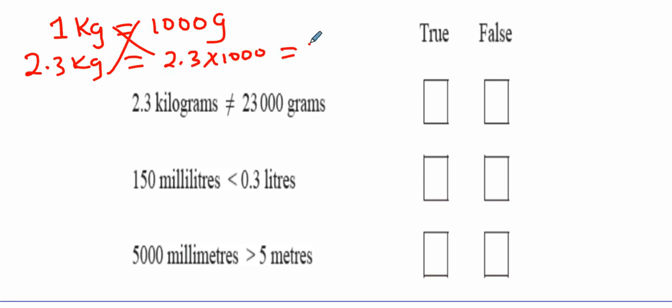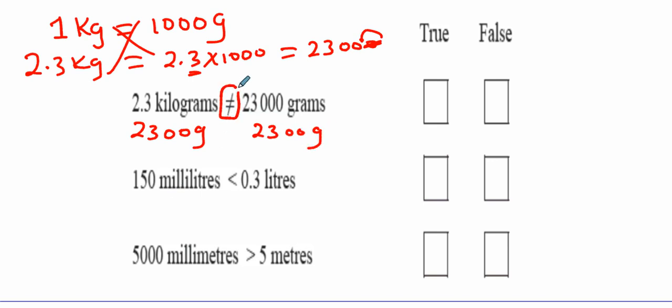This will be 2.3 times 1,000, 1 decimal place, so this is 2300. Now these are grams. Now you see this inequality given? They are saying this number is not equal to this number. So the answer is false. These two numbers are equal.